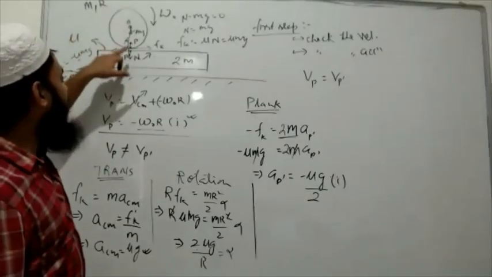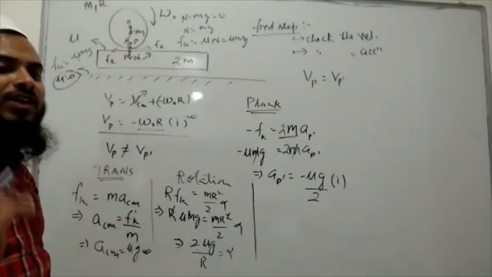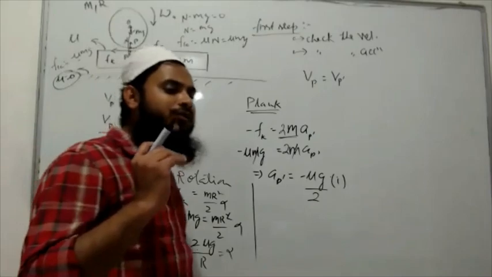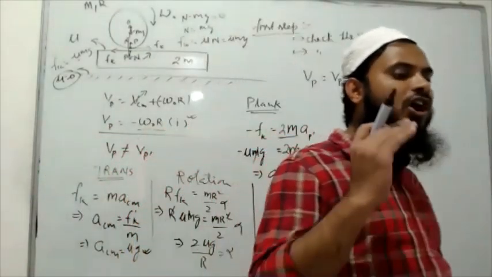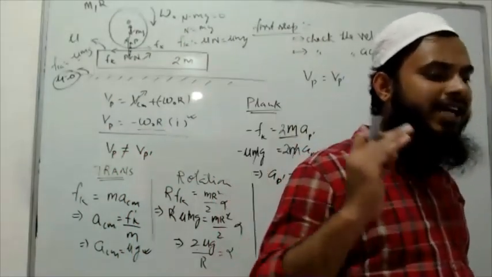Now see, if I want to calculate the velocity of the point P on this disk, first of all I have to calculate the velocity of the center of mass of the disk after time t seconds.